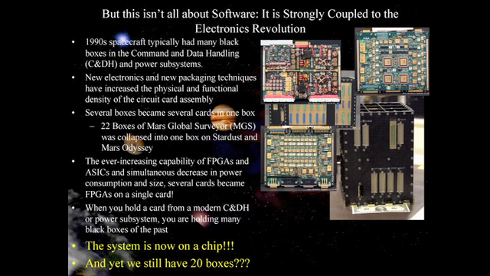I've talked about the ASICs and FPGAs. So when you hold a card from a modern CNDH, you're holding 22 black boxes of the past. We essentially have had a system on a chip. And yet I still have 20 boxes. Have you counted your boxes? So what's going on? How come you can have this implosion and yet still have the same number of boxes?